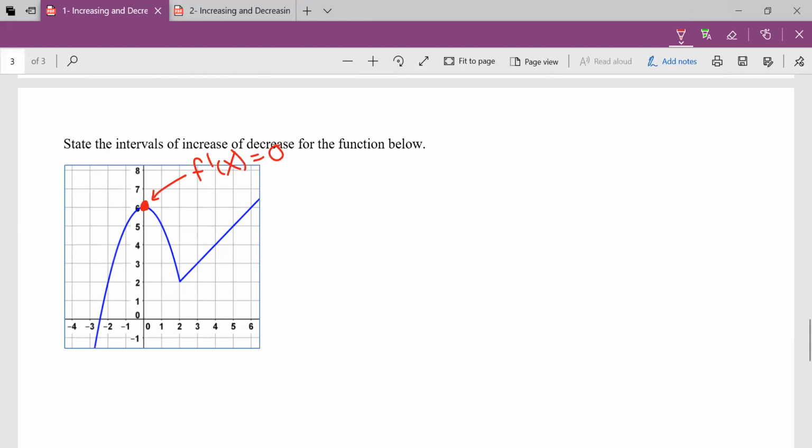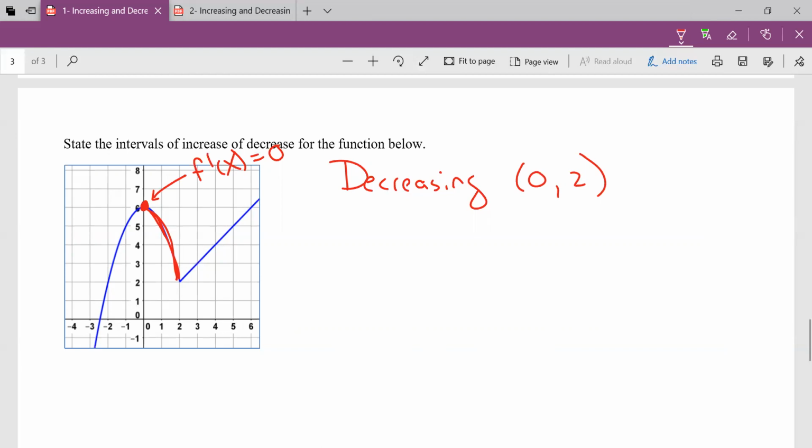So where am I decreasing? Well, visually, I can tell where I'm decreasing. I'm decreasing right in here, aren't I? So I'm decreasing between 0 and 2. Notice I don't include 0 and I don't include 2 because we're neither increasing nor decreasing.